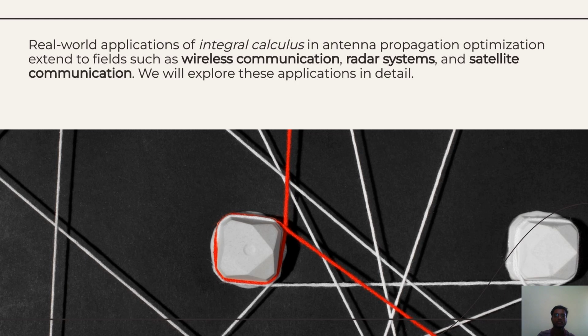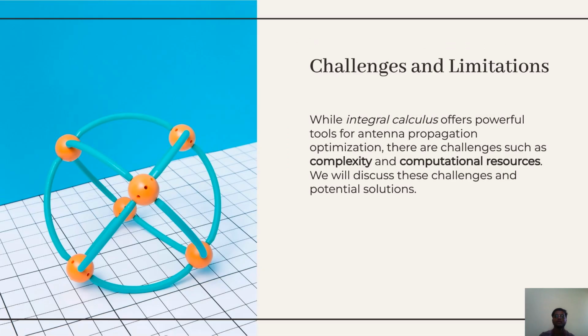Real-world applications of integral calculus in antenna propagation optimization extend to fields such as wireless communication, radar systems, and satellite communication. We will explore these applications in detail. Challenges and limitations. While integral calculus offers powerful tools for antenna propagation optimization, there are challenges such as complexity and computational resources.